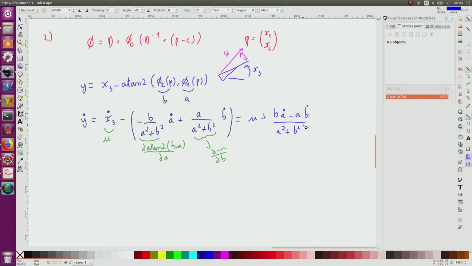Okay, so now I will have to compute a dot and b dot, the expression of a dot and b dot. So I know it is the derivative of phi, and I have the expression for phi, which is given here.